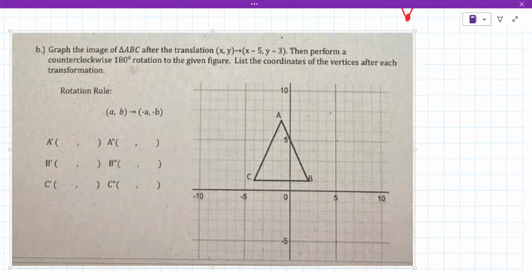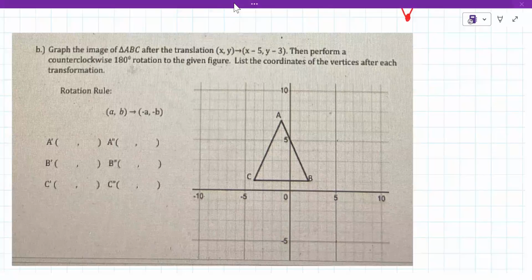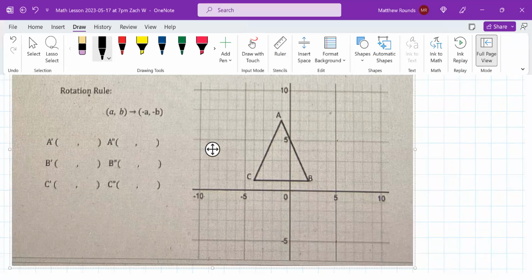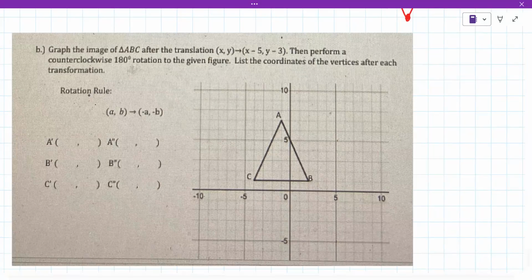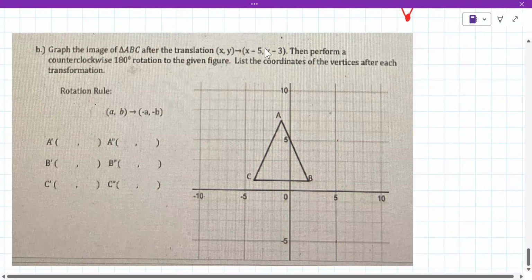This is the rotation rule. So I'm taking the number and I'm subtracting it by 5 and by 3. Then you do this rotation. Yes, you do that first. So you're going 5 left, 3 down.